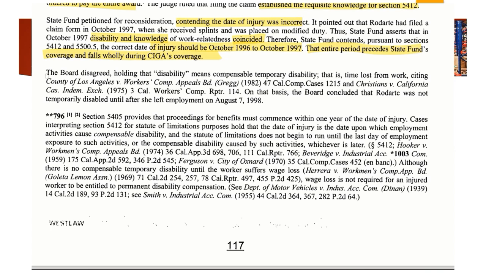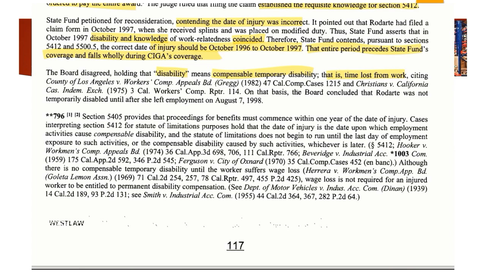Fascinating. So the board disagreed with this finding, holding that the term disability, in its rigid definition and rigid application, means compensable temporary disability, that is, lost time from work. And they cited a couple of cases that supported that conclusion.